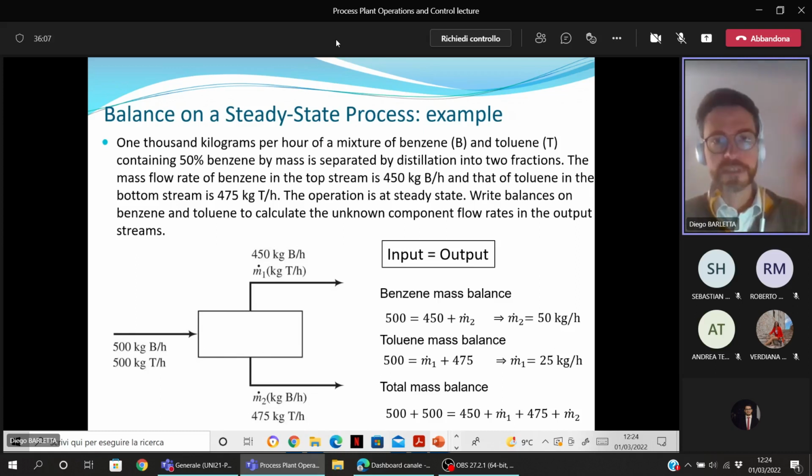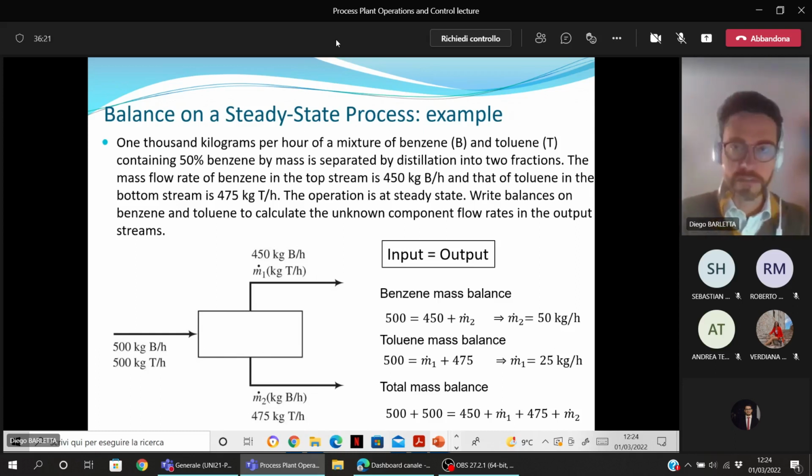We have 1,000 kilogram per hour of a mixture of benzene, which we call B, and toluene, T, containing 50% of benzene by mass, separated by distillation into two fractions. So it's a separation unit operation.